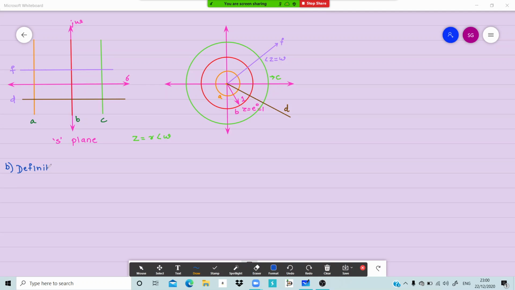Definition of stability. There are two definitions of stability, and they try to explain the same thing in a different manner, nothing else. The first one is asymptotic stability. I think Lloyd sir taught you.